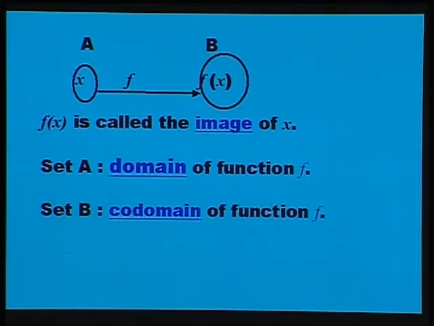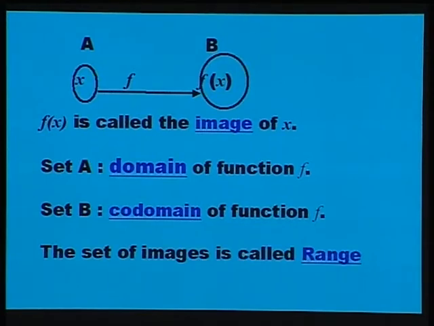Set A is called the domain of f. Set B is called the codomain of f. And the set of images is called the range of f. So set A would be the domain, set B the codomain, fx is called the image, and the set of all images would be called the range.